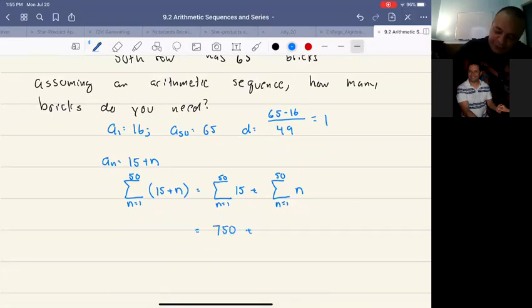Okay, plus 50 times 51 divided by 2. Okay. So that's going to give us 2,025 bricks.